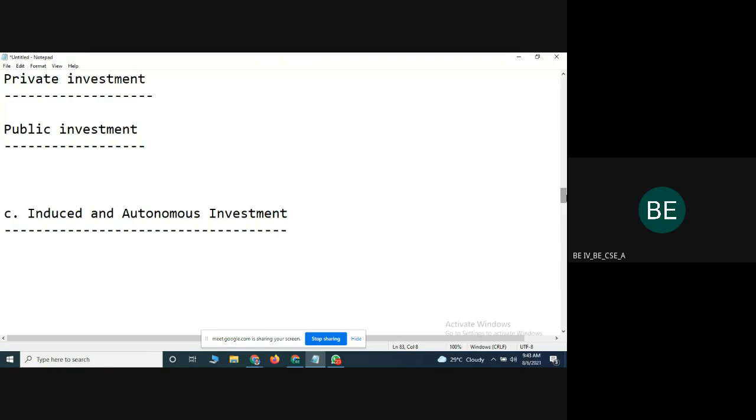And then next, induced and autonomous. Induced means, for example, the person's income increases. Automatically the demand for a certain product increases. So what happens? Corporate people, when the demand for a particular product occurs in the market, try to start new businesses in order to manufacture those products. So one thing induces the production of another thing.